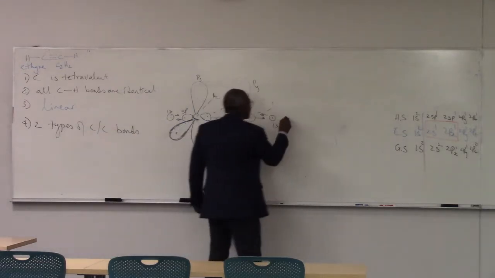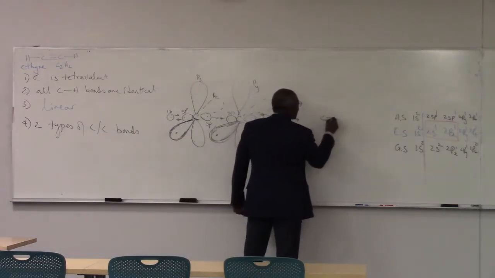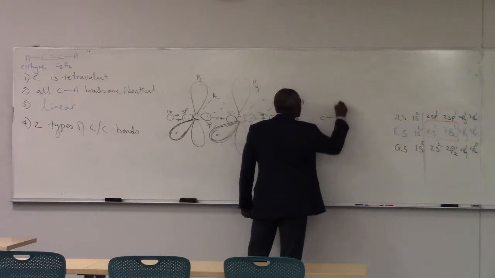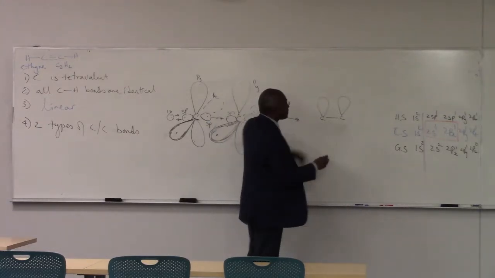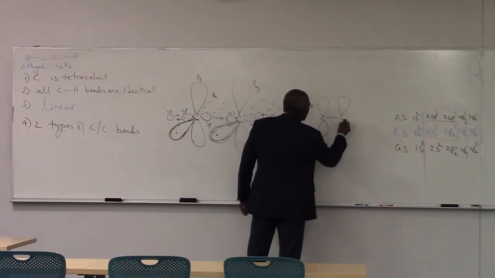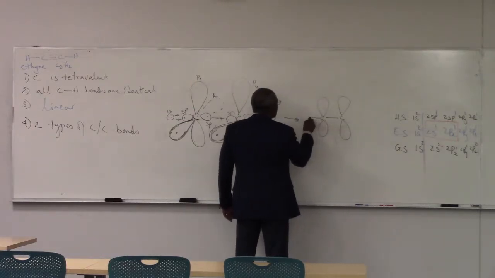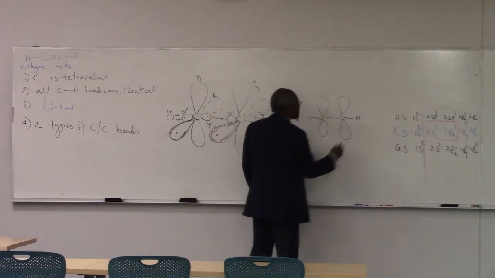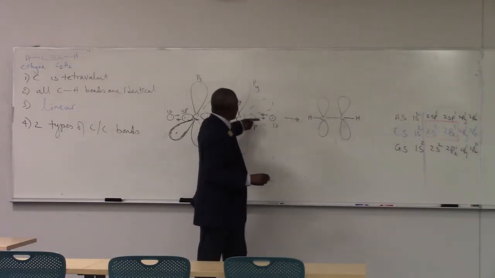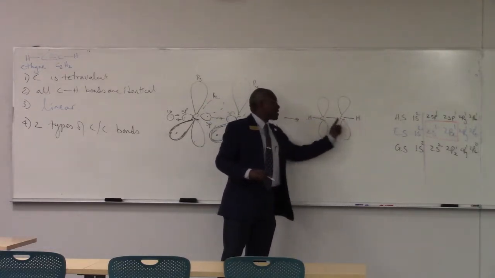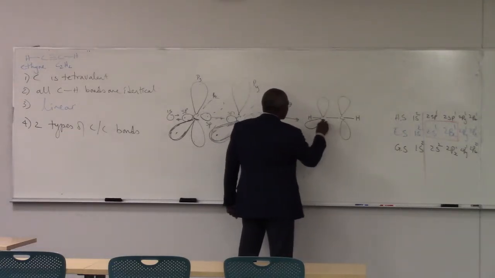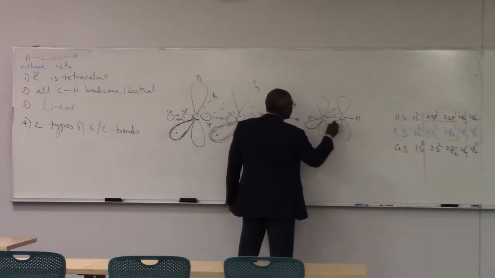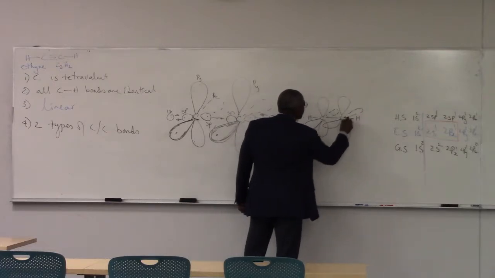So what I'm going to get is a carbon-carbon sigma bond. I'm running out of space, I'm going to draw these a little bit smaller. Right? Carbon-carbon sigma bond, carbon-hydrogen sigma bonds, all in a straight line, 3 sigma bonds. And then I'll have the p orbitals like so.